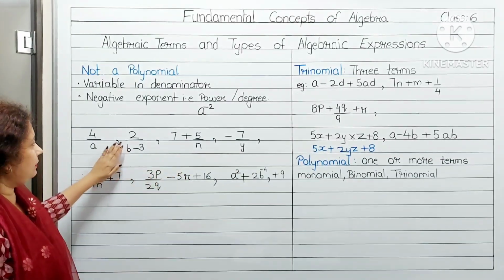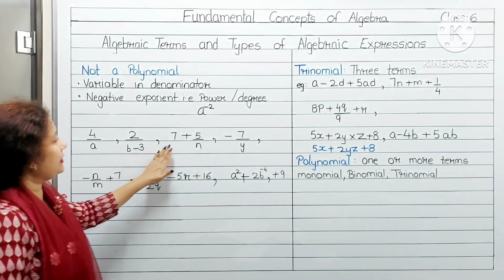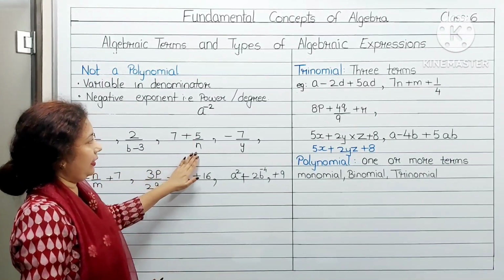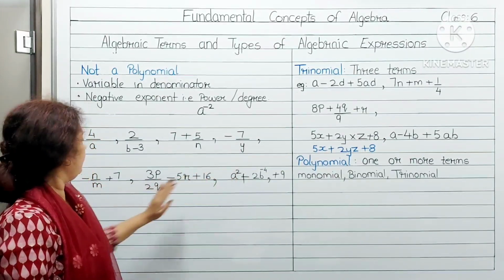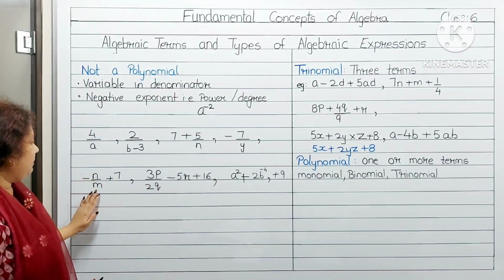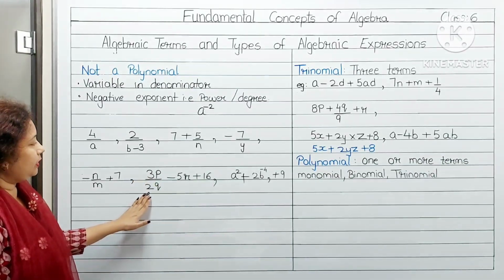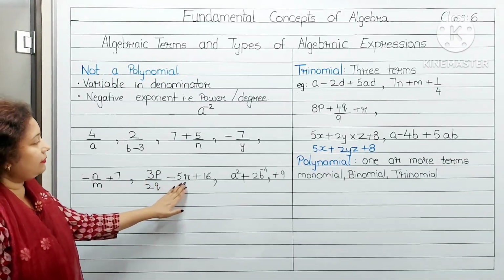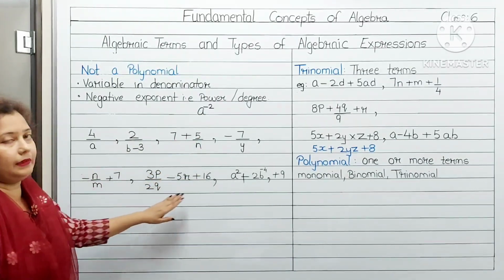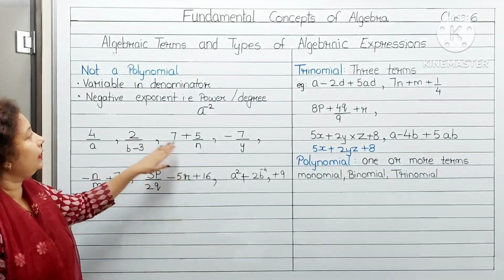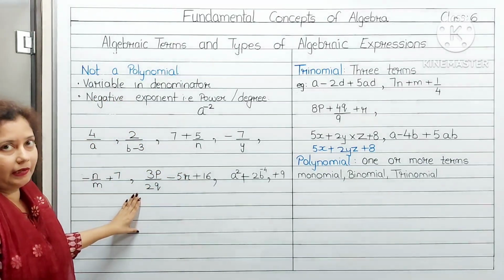Similarly, in other examples like 2 upon b minus 3, or 7 plus 5 upon n, or minus 7 upon y, minus n upon m plus 7, or 3p upon 2q minus 5r plus 16. In all these examples, we can see that a variable is present in the denominator.